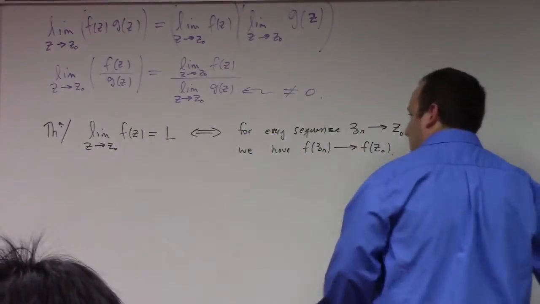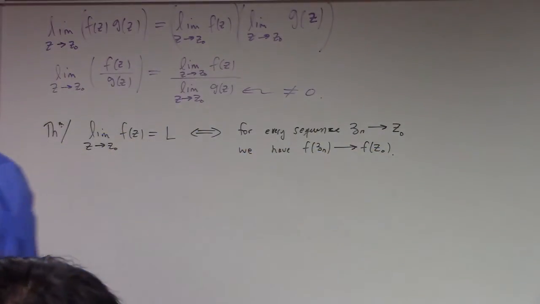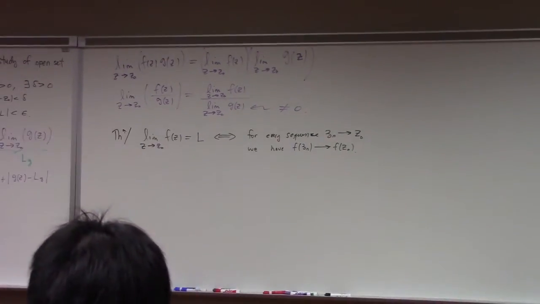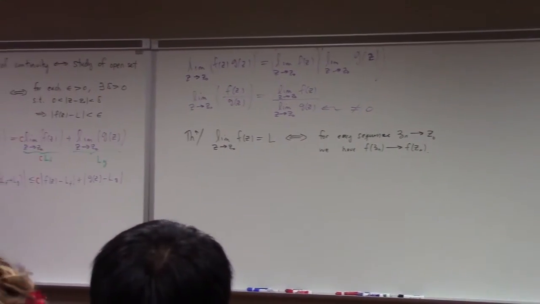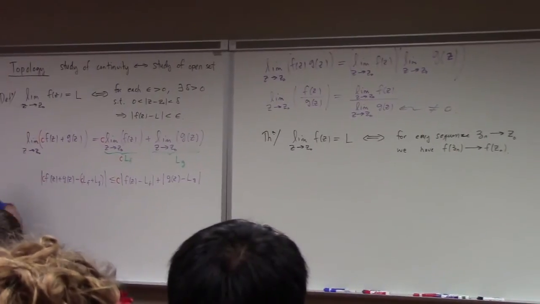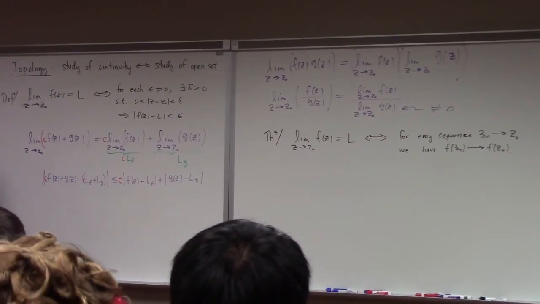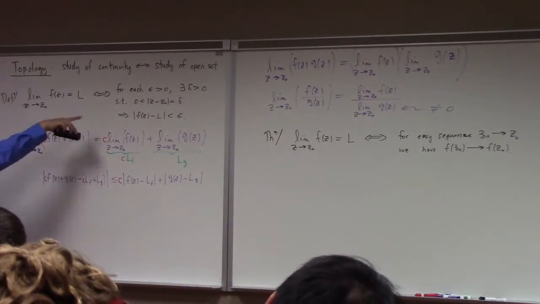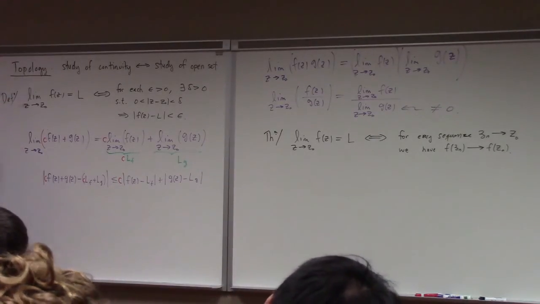I would say that the epsilon delta definition is really the topological definition of the limit, because if you parse what this is really saying, it's saying that the inverse image of open disks in the range is an open disk in the domain. So the inverse image of open sets is open is essentially what this limit is saying.